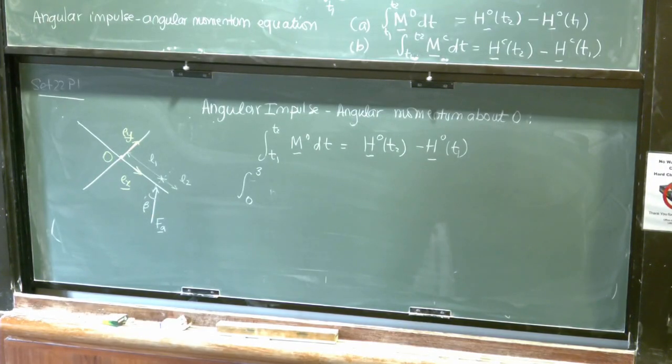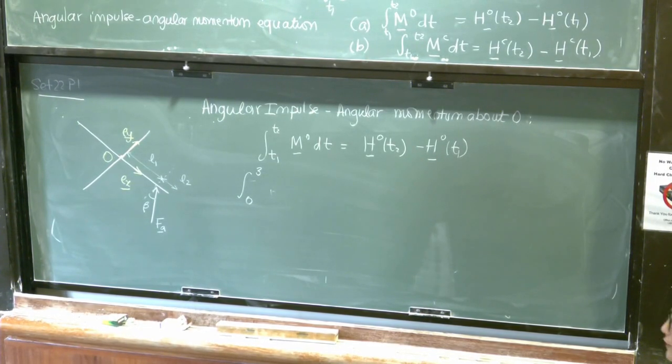The applied force F, and weight and some reaction force, but both the weight and the reaction force pass through O, right? So they have no moment about O. So the only force that's providing a moment about O is the applied force. How do I calculate the moment of this applied force about O?